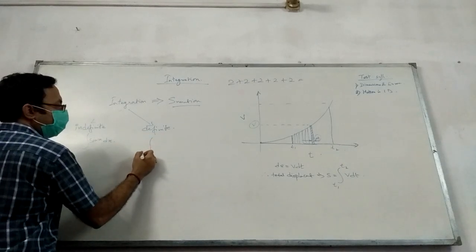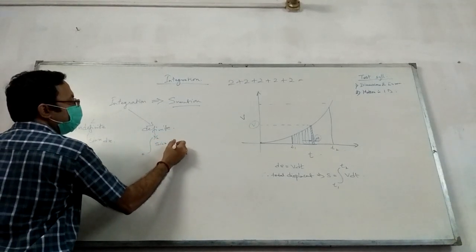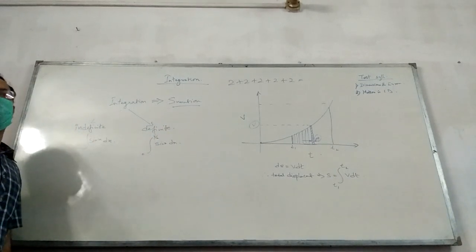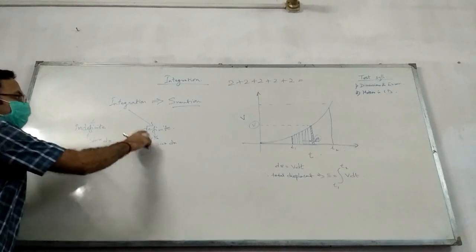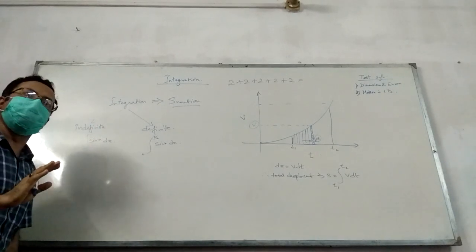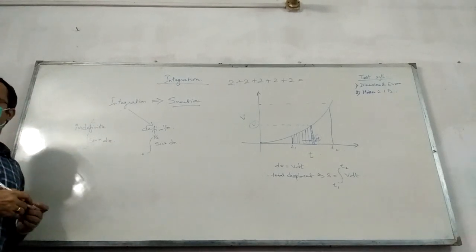But definite integration is of the type 0 to pi by 2 sin x dx, where there are some limits, a lower limit and an upper limit. Therefore, it becomes definite integration. If the limit is not there, it is called indefinite integration.